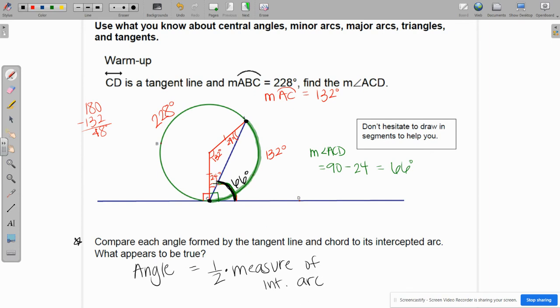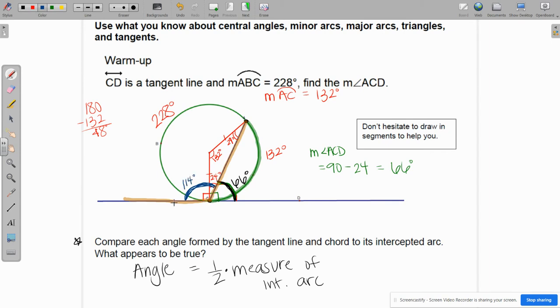That's also true of this angle on the other side of the chord. So this angle over here, which I just highlighted in orange, if the other angle is 66 degrees, then this angle over here, we could take away 66 from the total 180, and this would be 114 degrees.